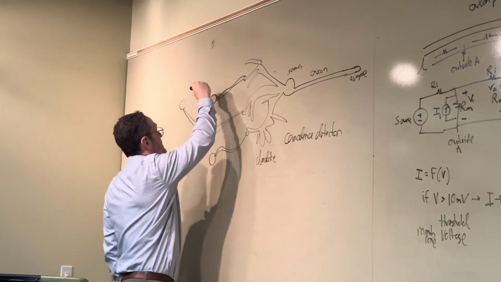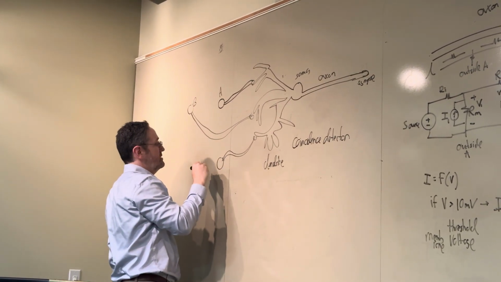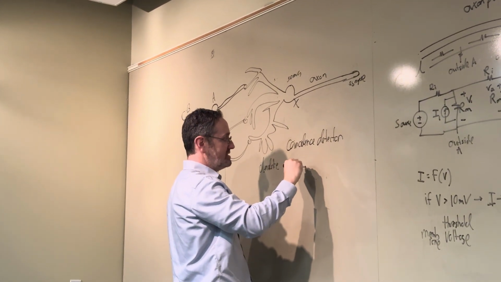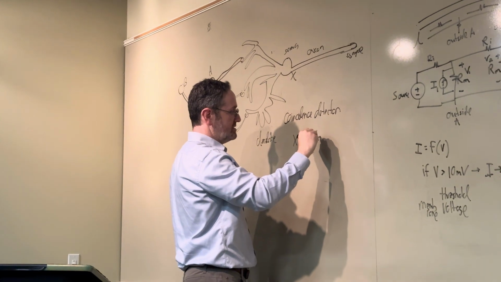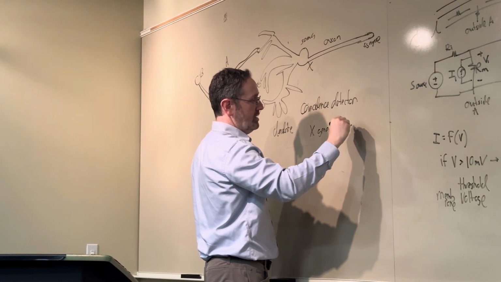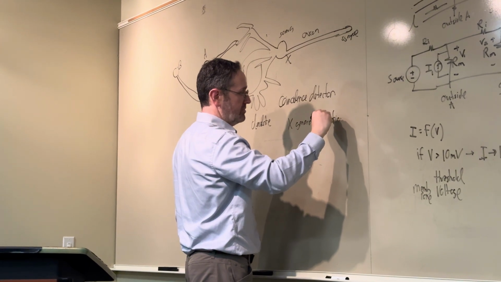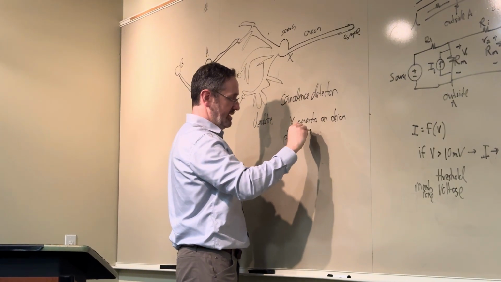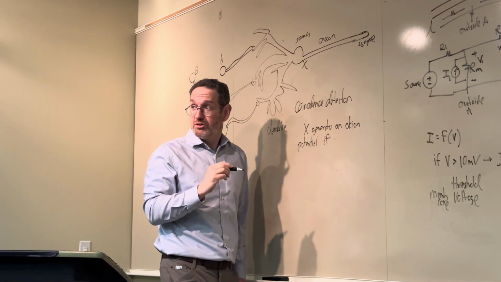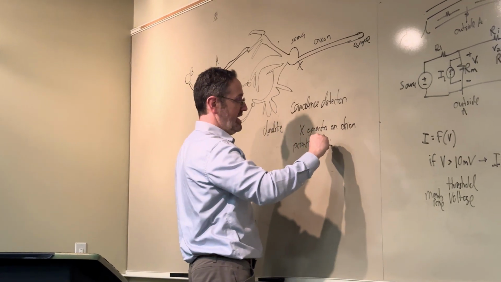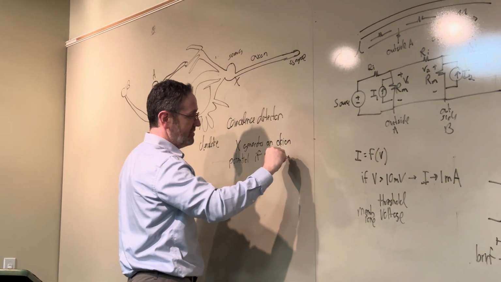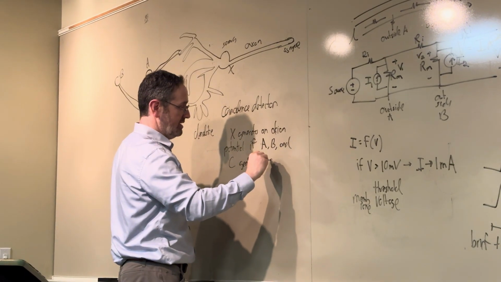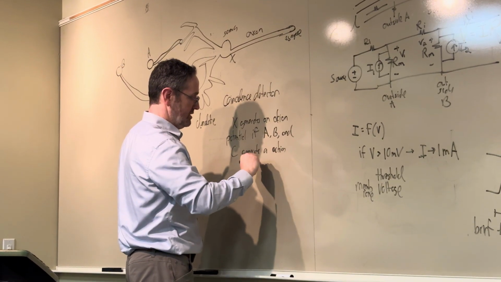I'm going to call this neuron A, and this neuron B, and this neuron C, and I'll call this one X. And I will say X generates an action potential only if, right, I'm going to be really logical, only if A, B, and C generate action potentials.